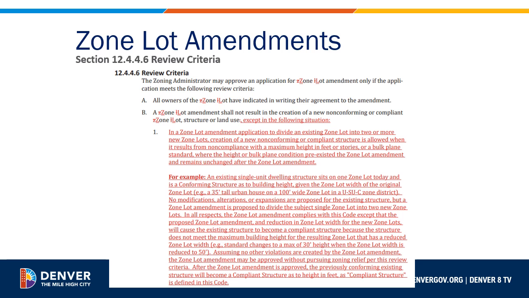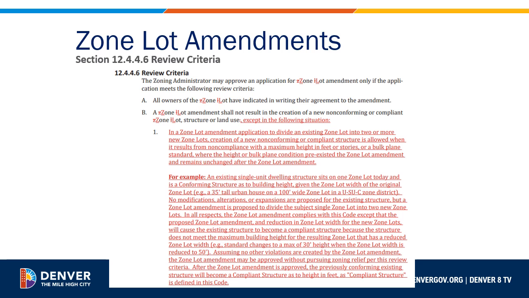B on this page addresses the creation of a new non-conforming or non-compliant zone lot, structure, or land use. It provides this new exception only for creation of new non-conforming structures. This section gives an example of an existing compliant structure in terms of building height based on the width of the original zone lot. In our example, it's a 35-foot tall urban house on a 100-foot wide zone lot in a U-SU-C zone district.